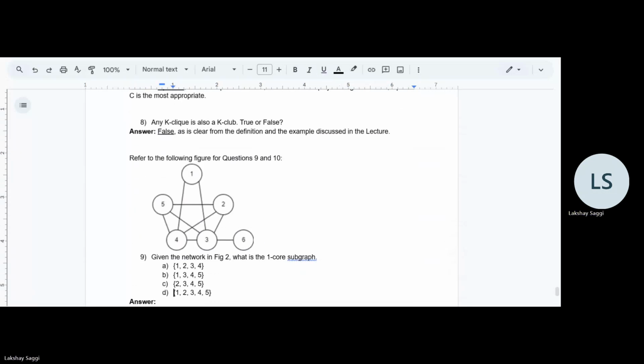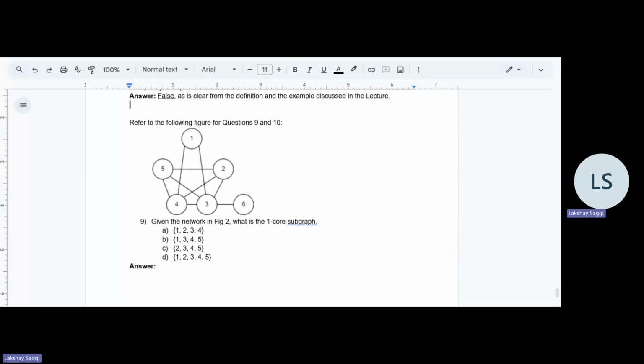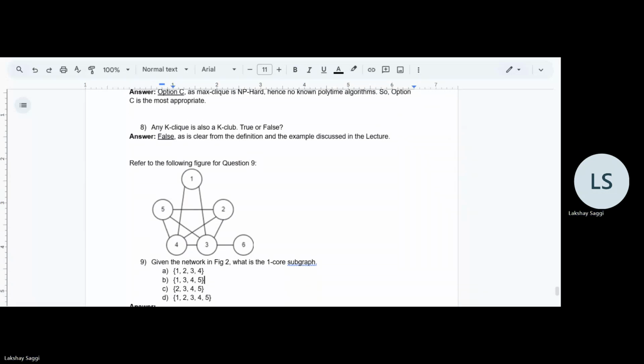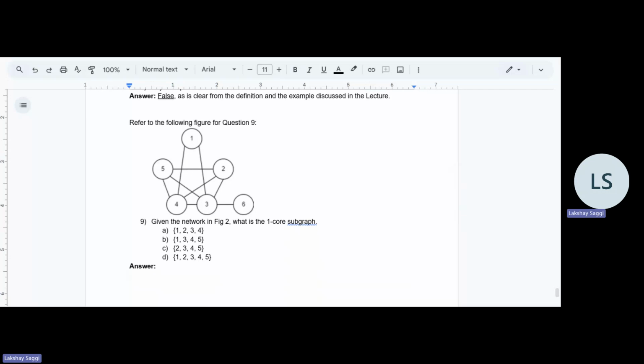Okay. So refer to the following figure for question 9.